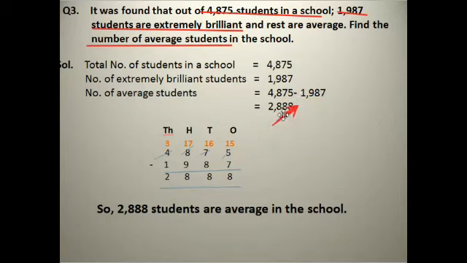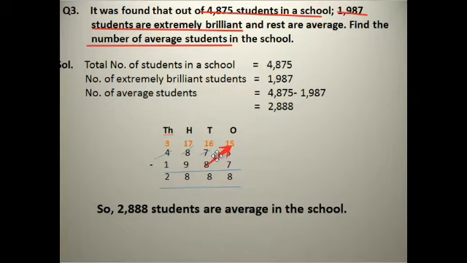For subtracting, we arrange all digits according to their places. And now we subtract. We subtract 7 from 5, but 5 is smaller than 7. So we take 1 from the tens place and 5 becomes 15.